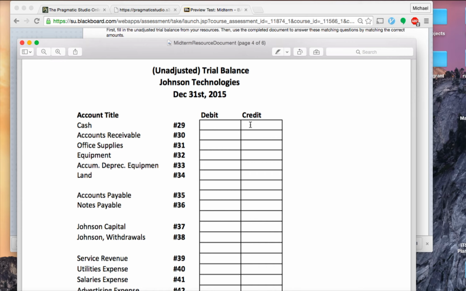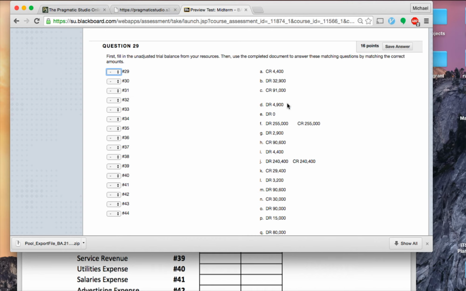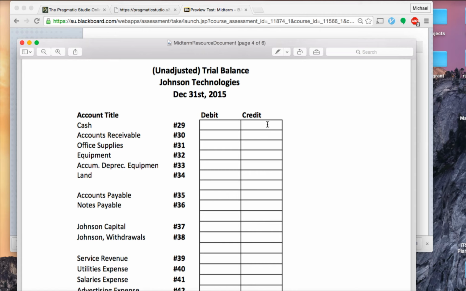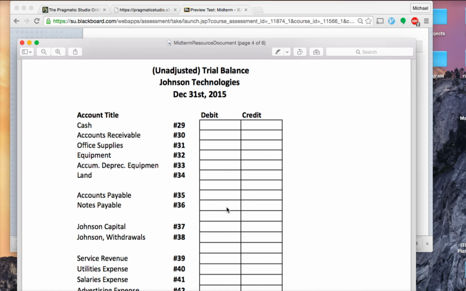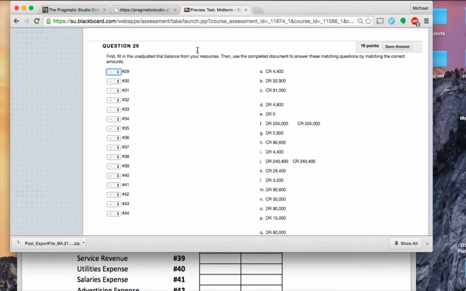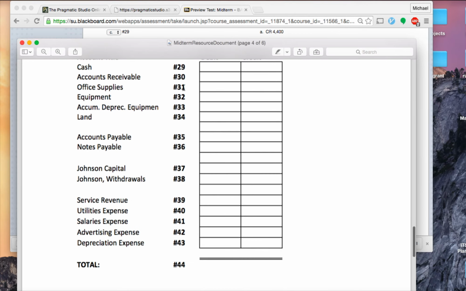So it's either going to be a debit or a credit and a certain amount. So for example, and I'm not saying this is the right answer, but if on this sheet you had entered $91,000 under the credit side for number 29, then over here for number 29, you would pick answer choice C. Okay, and then you would go through and pick out all the correct answers for all of those line items that you see 29 through 44 right here.